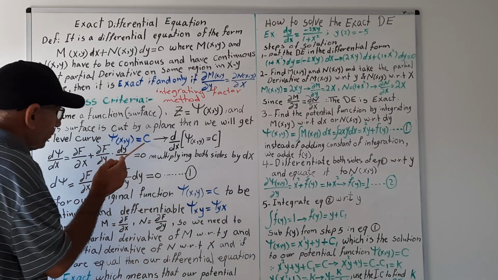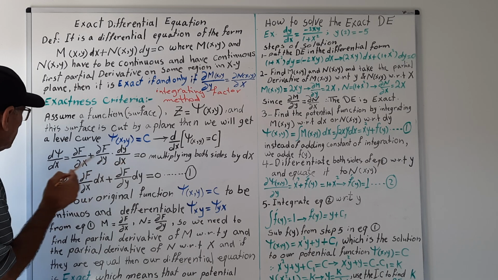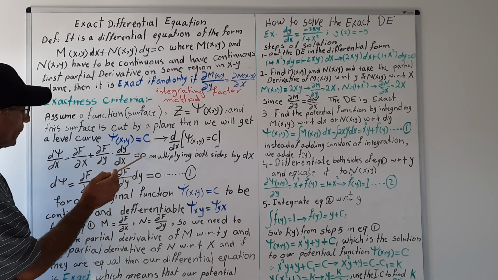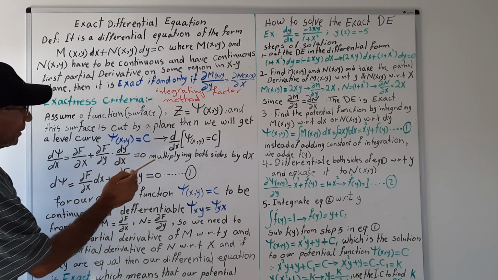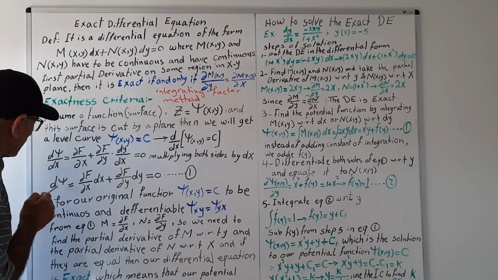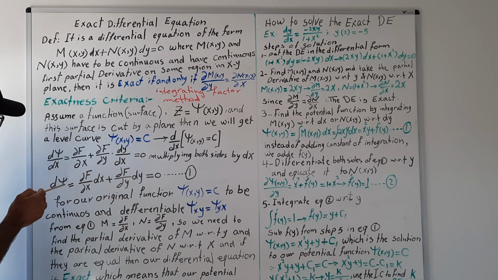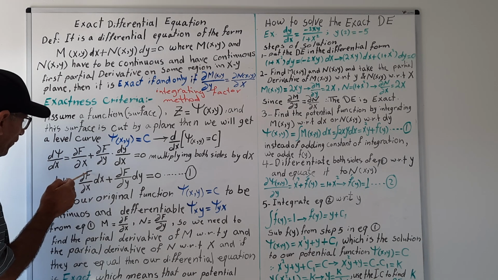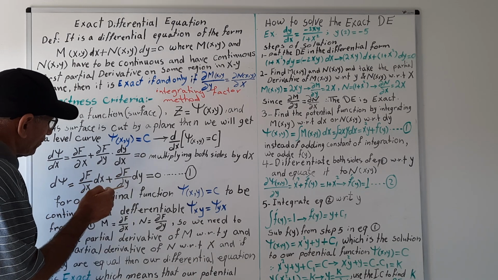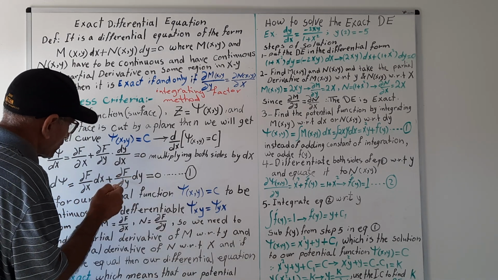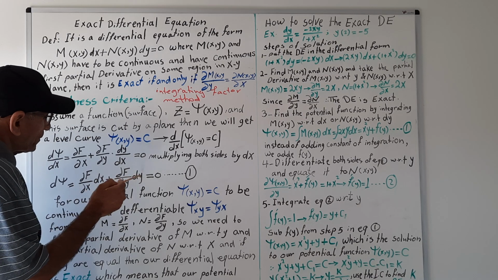So c will be zero, and multiplying both sides by dx, this will be cancelled, and we get d psi equals partial of f with respect to partial of x dx plus partial of f over partial of y, multiplied by dy, equals 0.